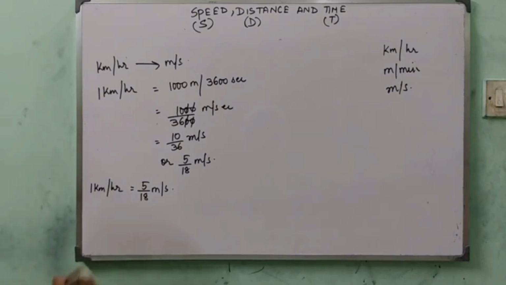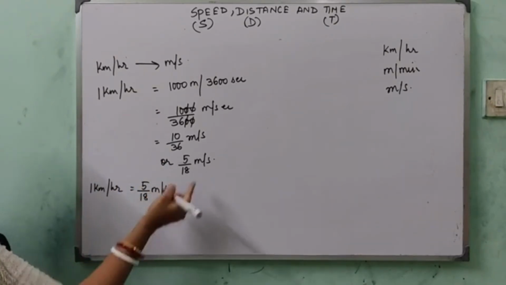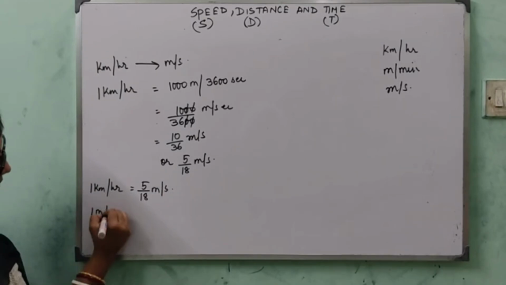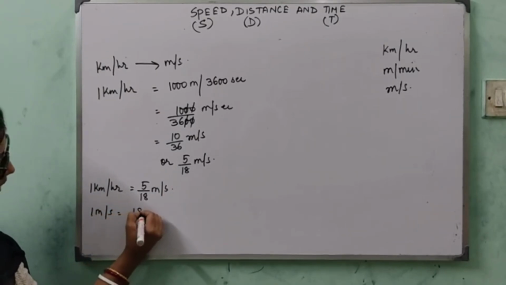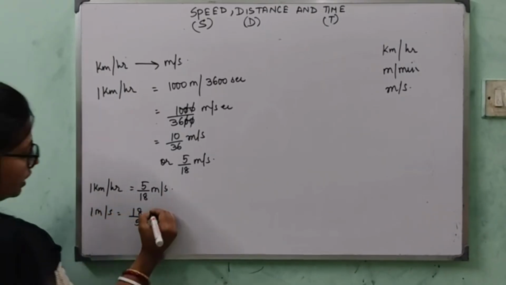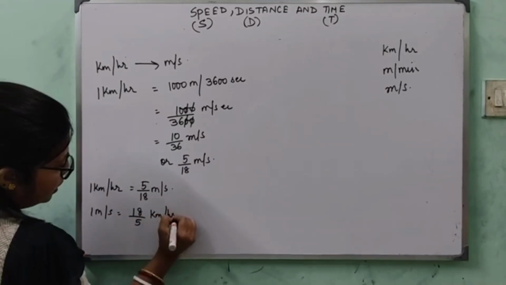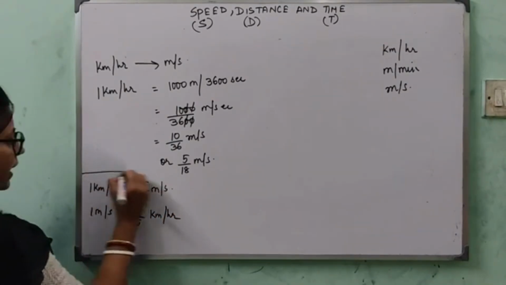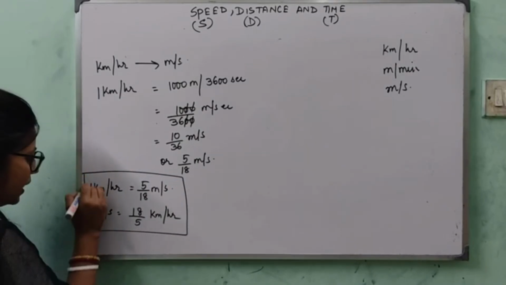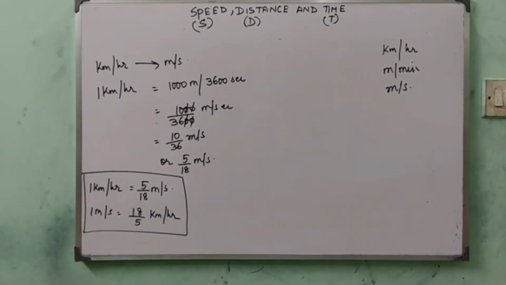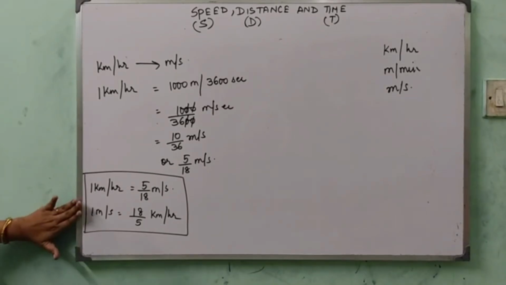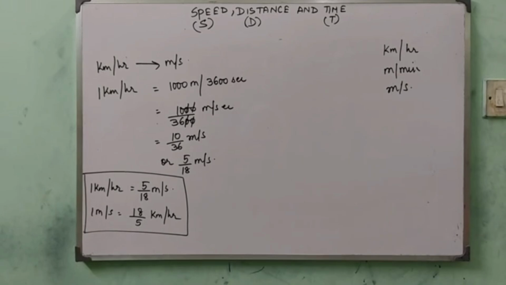And if it is from meter per second to kilometer per hour, so 1 meter per second is equal to 18 by 5 kilometer per hour. This is a very, very important conversion. 1 kilometer per hour is equal to 5 by 18 meter per second, and 1 meter per second is equal to 18 by 5 kilometer per hour. Very, very important.